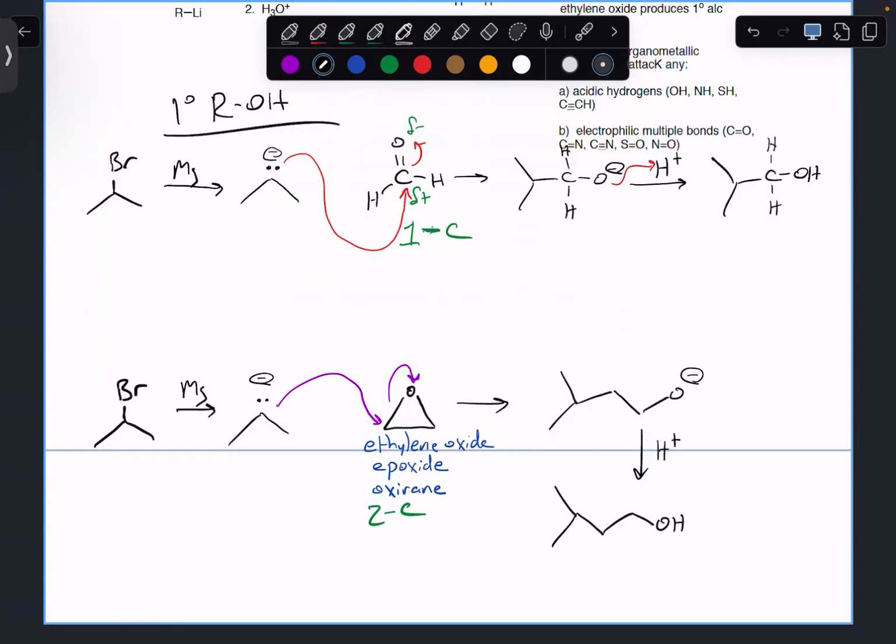When I say a normal aldehyde, it's going to be an aldehyde connected to some type of other carbon or carbons. Okay? So that's why I say with formaldehyde, you're only extending the carbon chain by one carbon, because that's all that formaldehyde has.